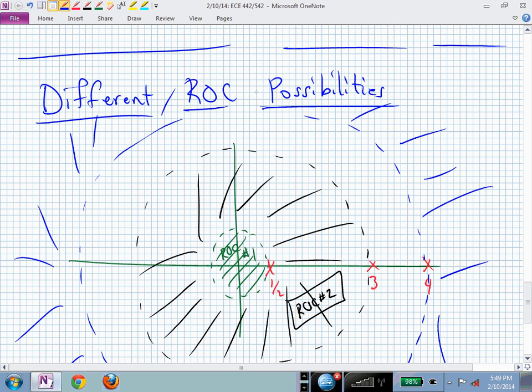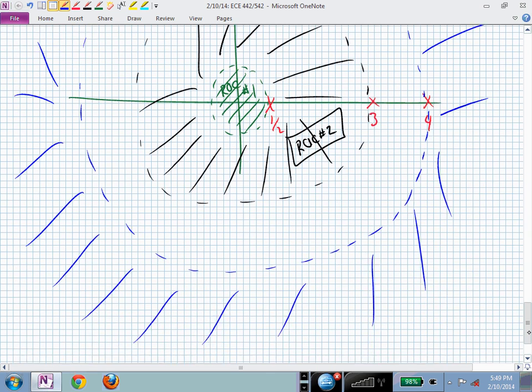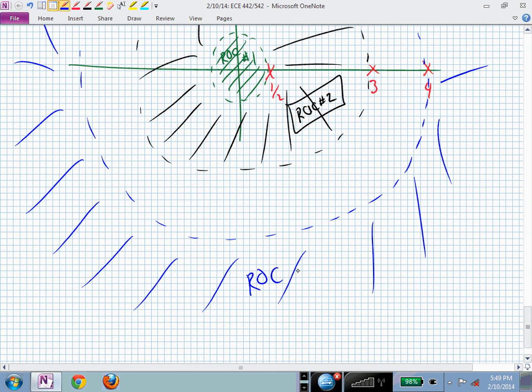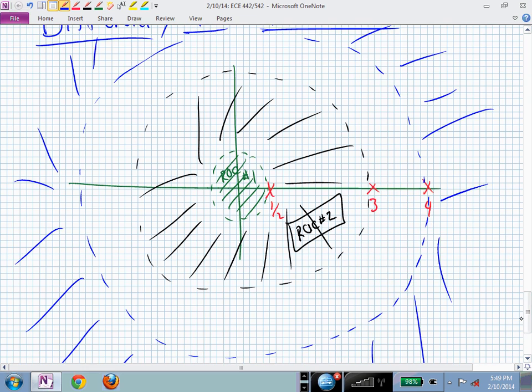So hopefully that's clear from this sketch. So I have 3 different possible regions of convergence, and we'll talk about those 3 regions separately now and what they can correspond to.